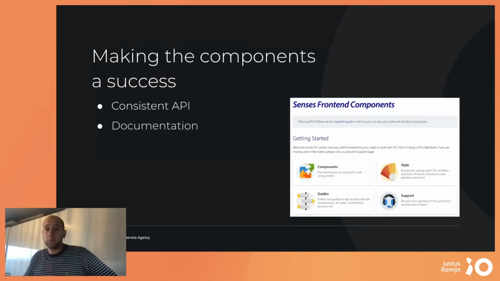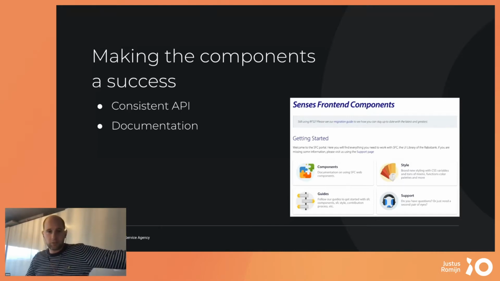Documentation is very important. You need the adoption from developers. So if they don't know how to use your components and where to look for it, this is not going to do it. It's just too much of a hassle. So make sure you've got the documentation. I think Lucien already pointed out that some of the tools for creating web components have automated documentation generation for you.